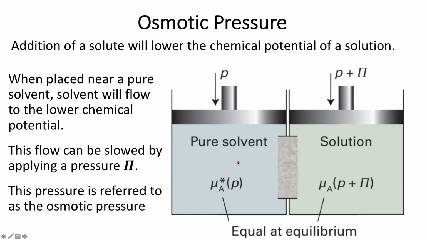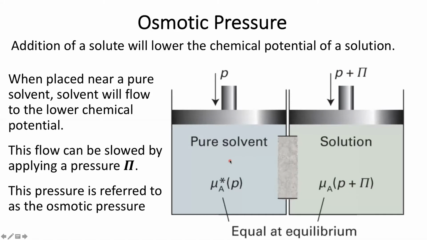You may be familiar with this idea through reverse osmosis filters, where you put a filter on one side, say contaminated water, and then you apply pressure to remove any sort of solutes.